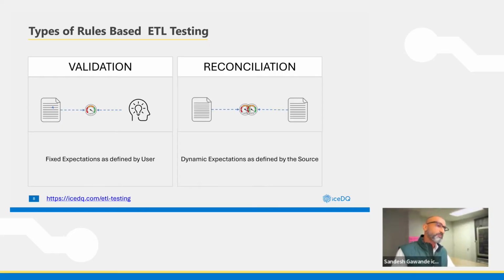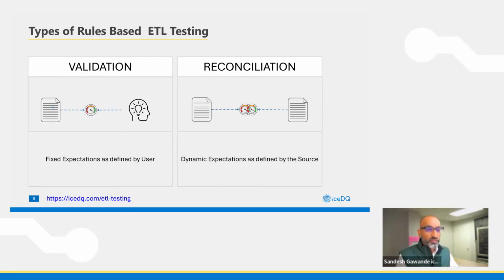However, there's a problem. The problem happens when the expectations are dynamic. What I mean by that, for example, if I have 100 records, then my expectation is I need to load 100 records on the right hand side. So it is dynamic. If I have customer ABC on the left side, I need to see customer ABC on the right side.